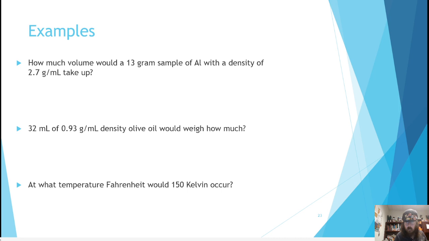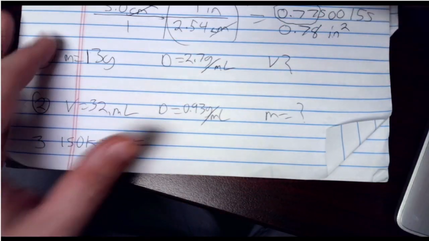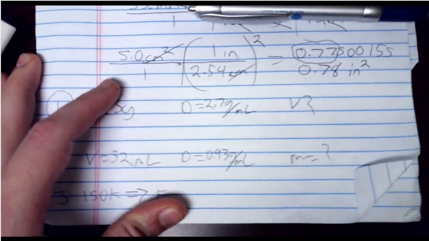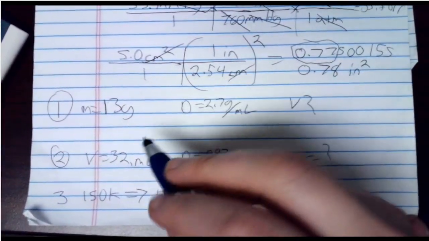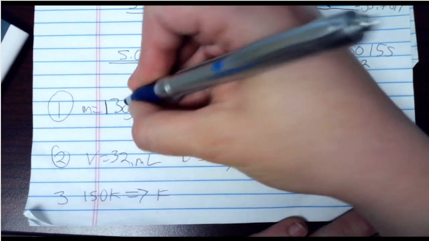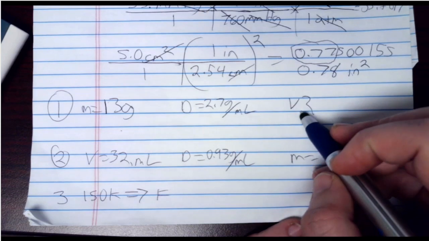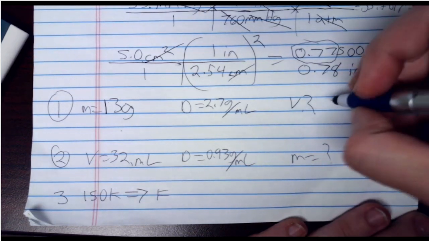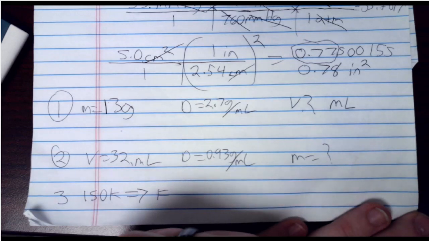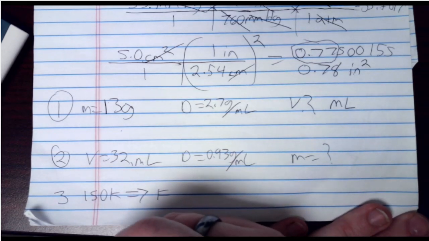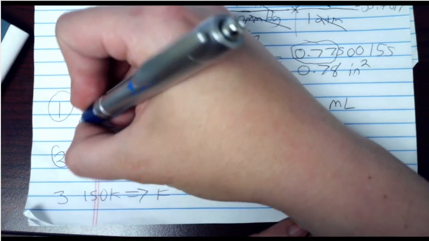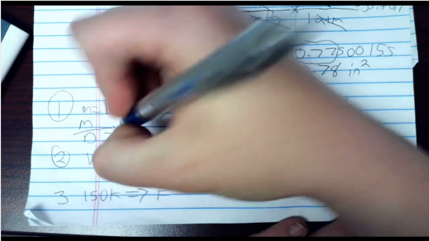Okay. We'll go back to our document camera. I don't need much room for this, but our goal here is always first define what we know. We know 13 grams is the mass. We know the density. We know volume. Figure out, if we don't already know, the units of our volume and maybe what formula we'll need. I will not use formulas because I got dimensional analysis, but mass divided by density will give us volume.